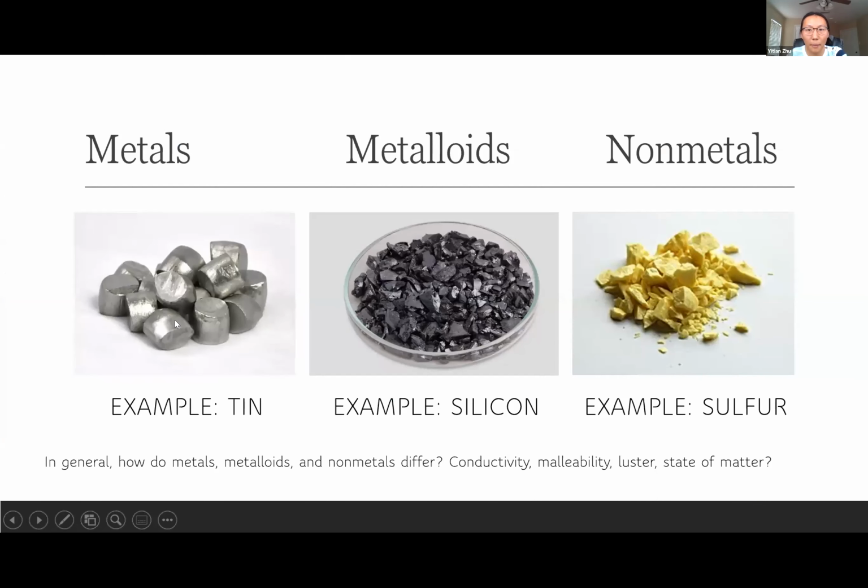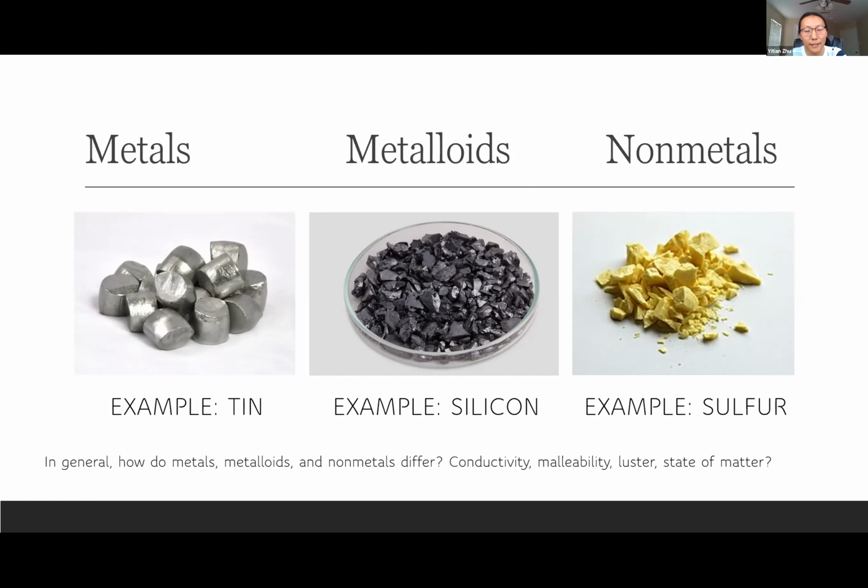So I'm going to open the chat and you guys tell me, what do you know about metals, nonmetals, and metalloids? Are you guys able to type?